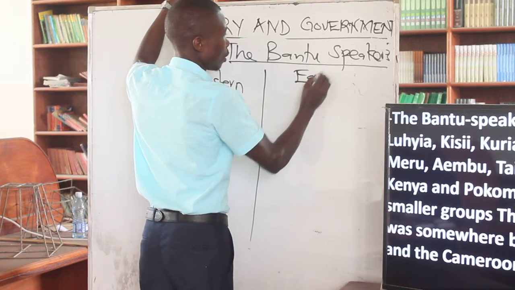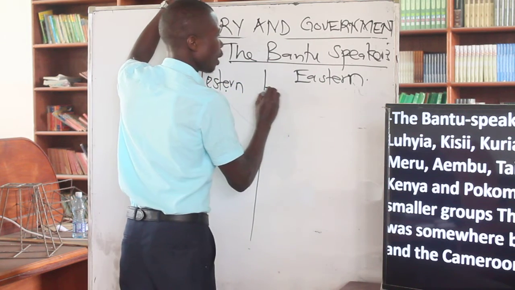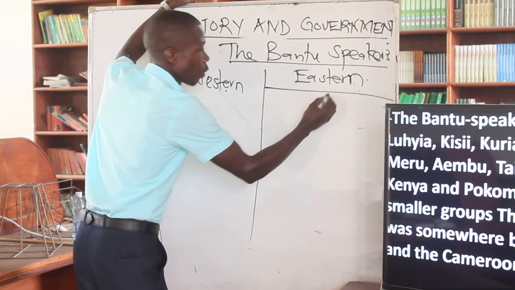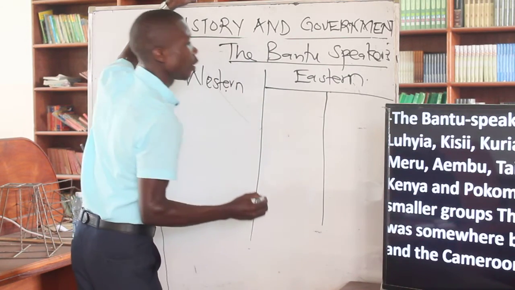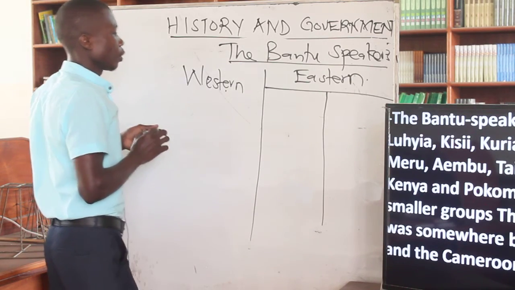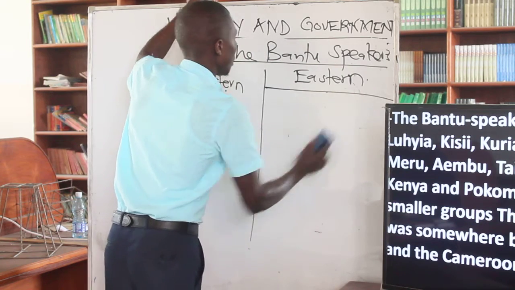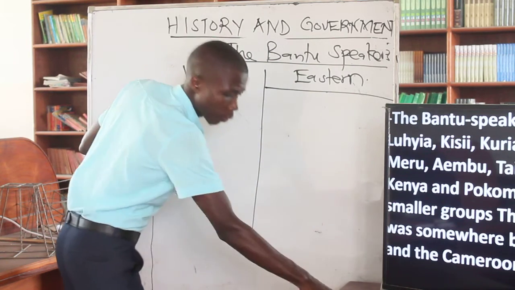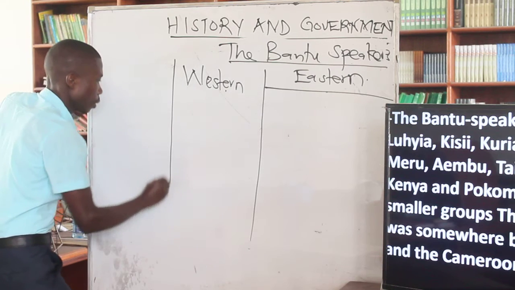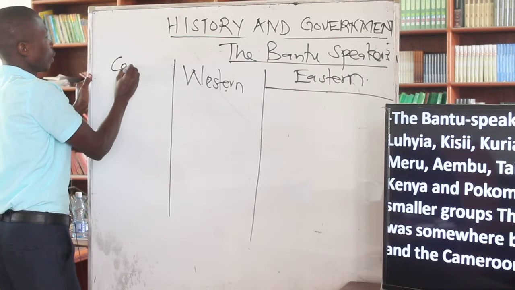Eastern Bantus. Under Eastern it is divided into two. We have Eastern, then also we have coastal.